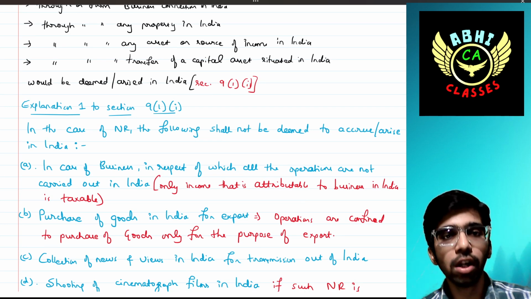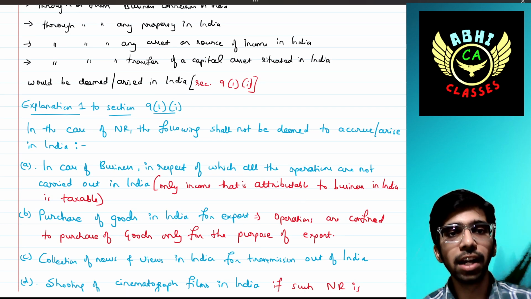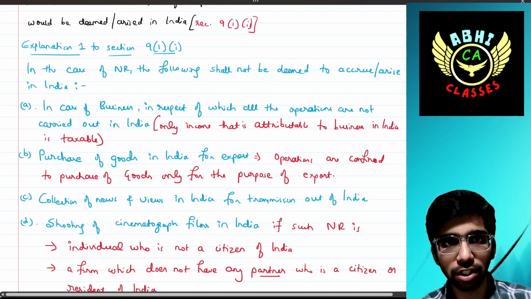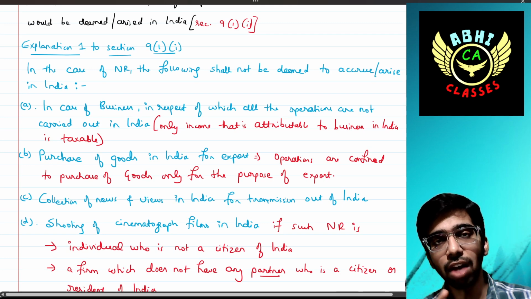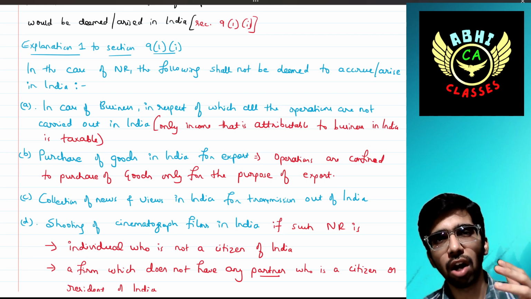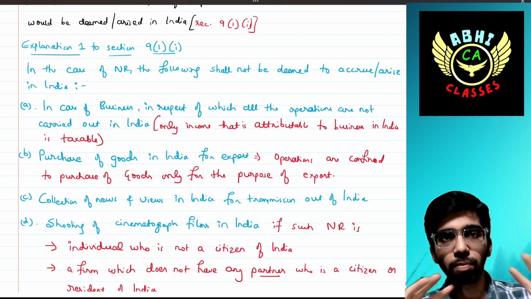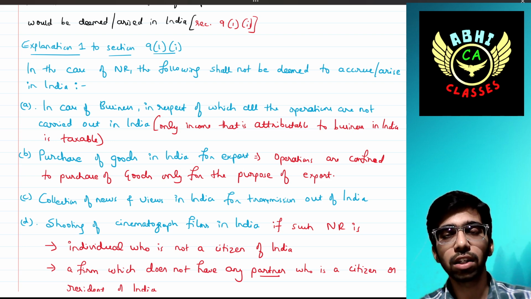For that, Explanation 1 to Section 9(1)(i) says that in the case of an NR, that is a non-resident, the following shall not be deemed to accrue in India. For ROR and NOR, the above section will be applicable in all cases, but for an NR, the following cases will not be charged to income tax.